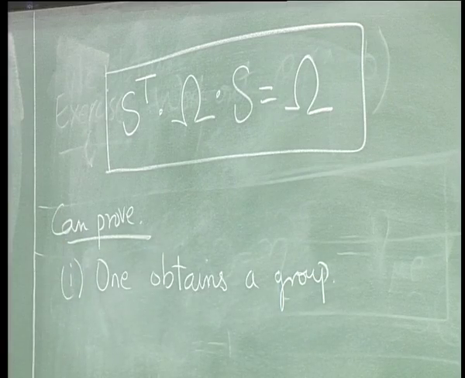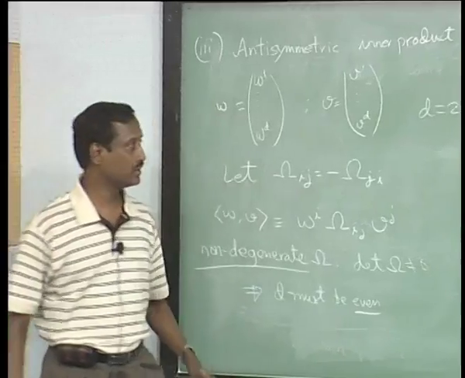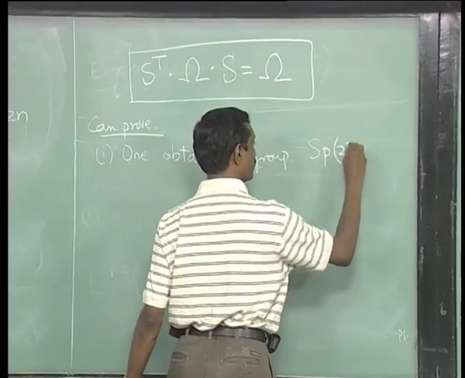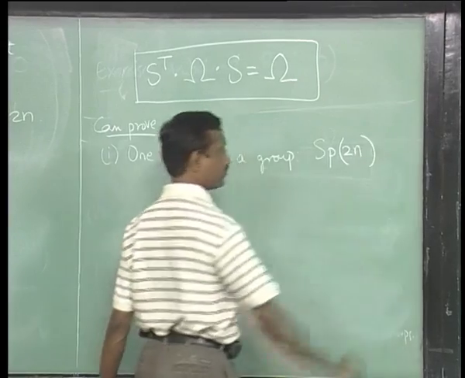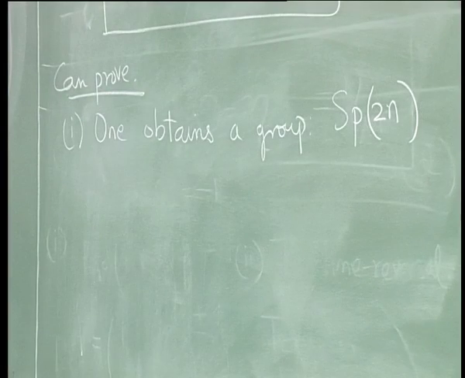So, let us make D even, write D equal to 2n, and it is called the symplectic group Sp(2n).